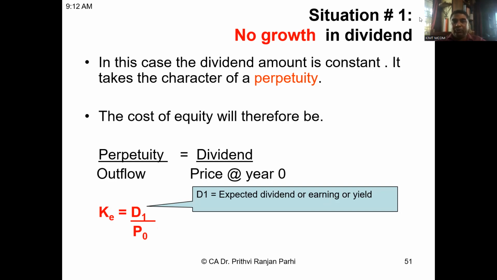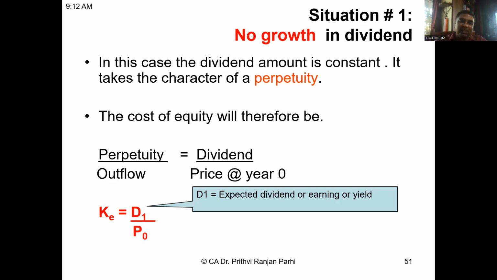Here KE is equal to D1 by P0. D1 stands for the dividend which is expected next year; one means after 1 year. P0 means price today. So when growth is not there, KE is equal to D1 by P0.